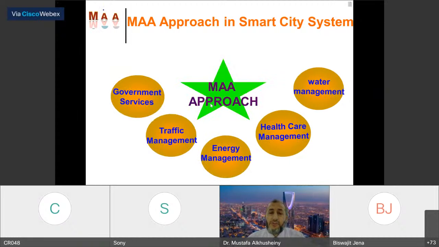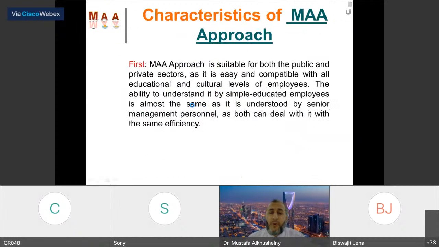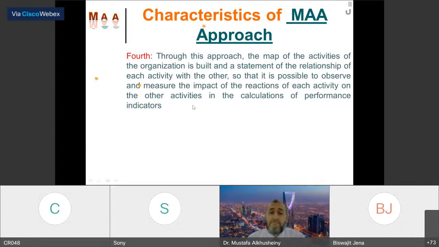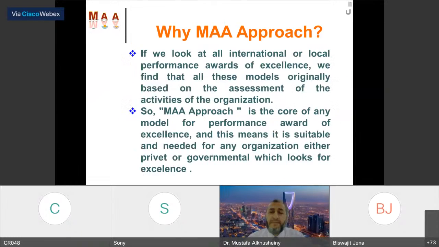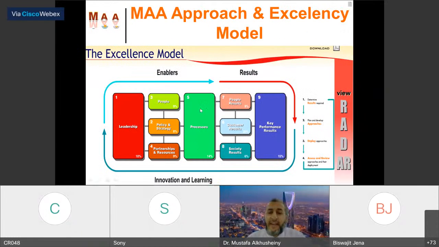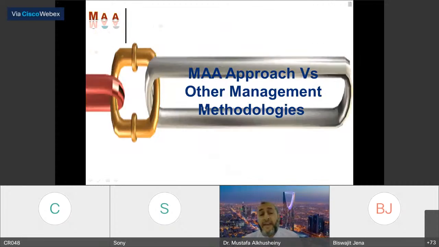So my approach may be the best or the most suitable method in order to achieve excellence in any organization. As you see, here are the activities and here are the performance indicators. These relate to enablers, and these relate to the results. And for the monitoring system, instead of RADAR, there is a monitoring system through measuring the performance indicators numerically.